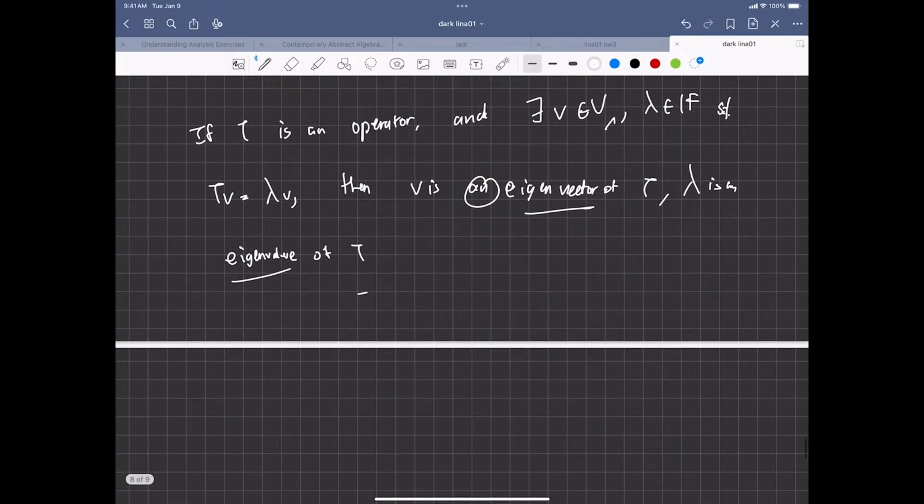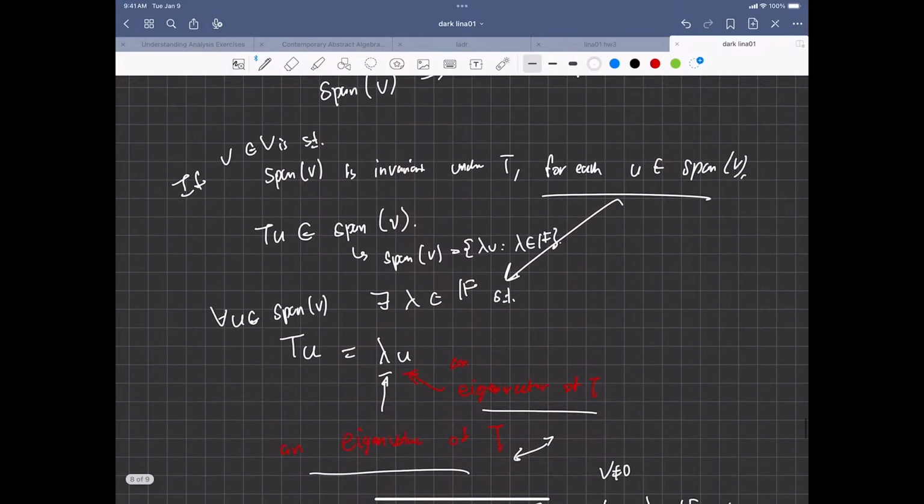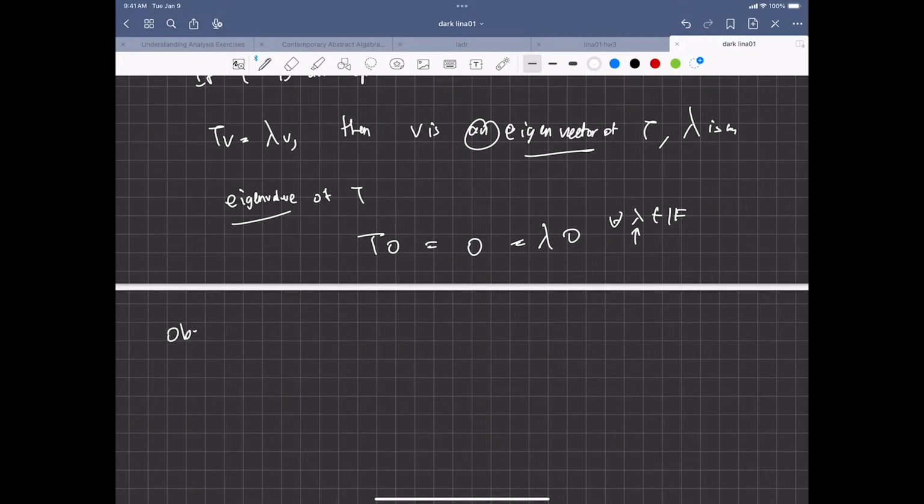Because it turns out that T0 equals lambda 0 for all lambda in F. So we don't want every single field element to be an eigenvalue, because that's, again, not very interesting.